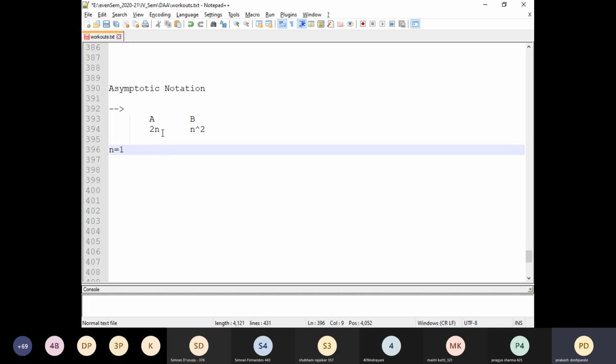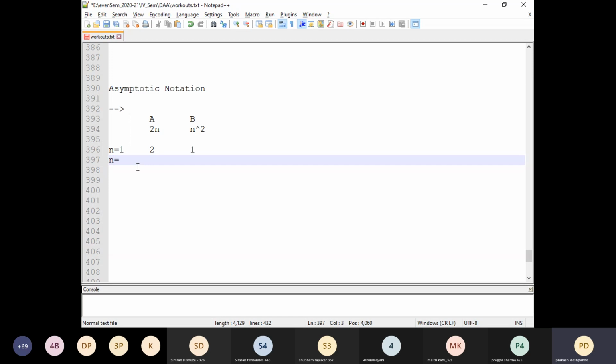It is 2 into 1, that is 2. Assume for simple understanding that it is 2 minutes. For the second algorithm, n is again 1, and 1 to the power of 2 remains 1.